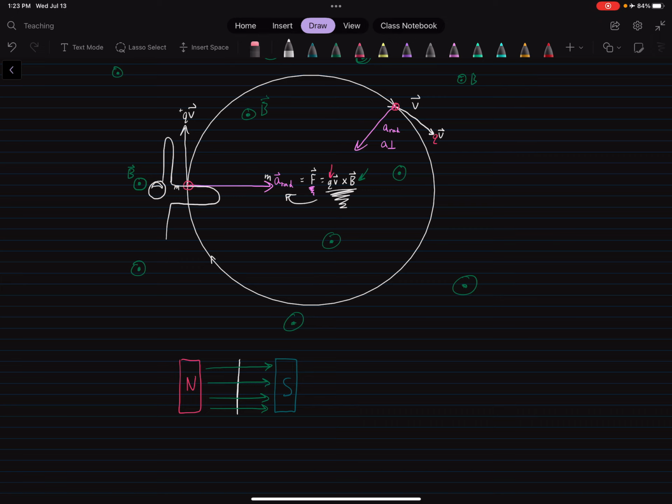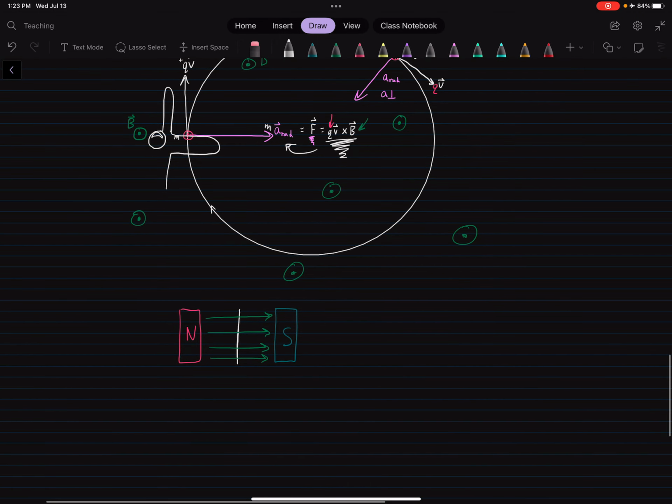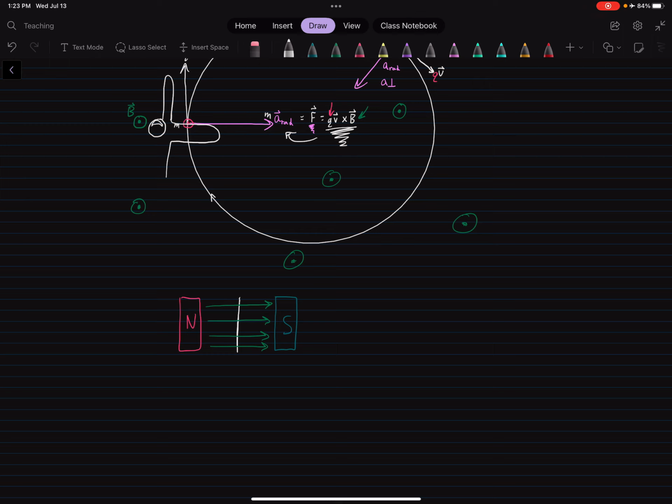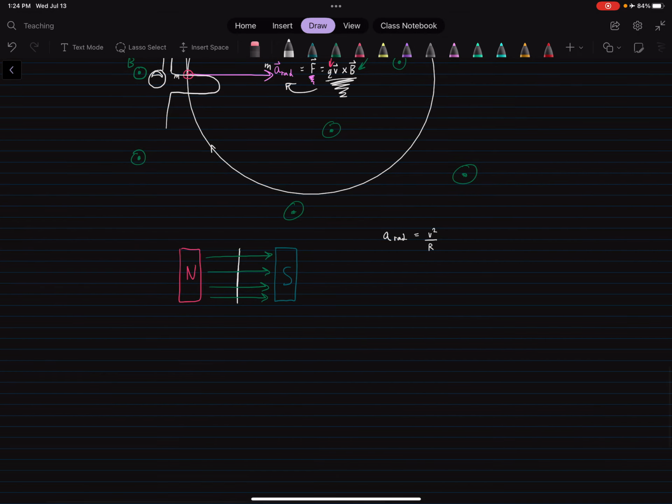So, uniform circular motion. We know that a_rad is equal to v squared over r, right? This is from a previous course.